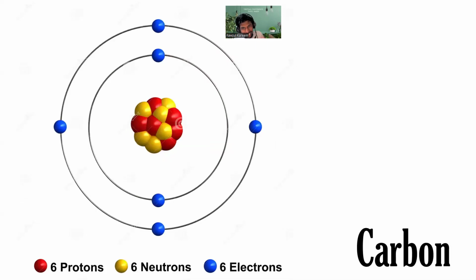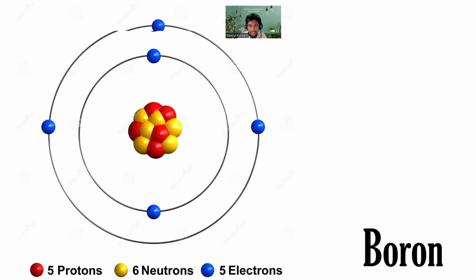So, here each and every atom gets a different name based on the number of protons. Am I right or wrong? When the number of protons differs, we will name those atoms with different names.